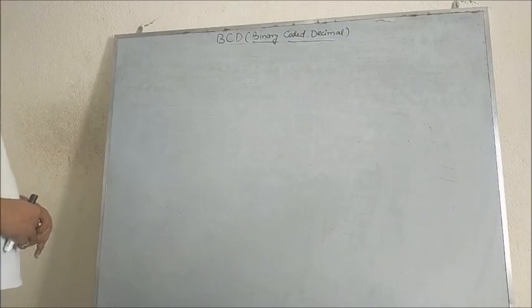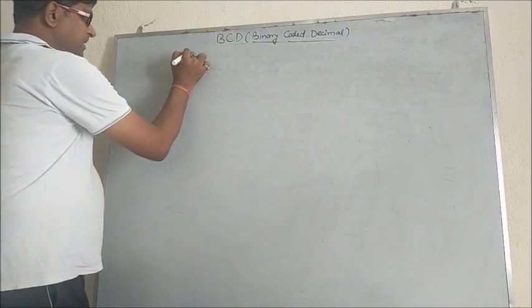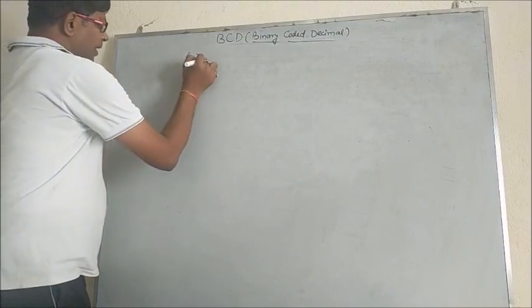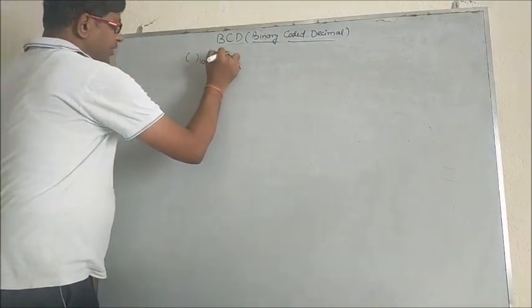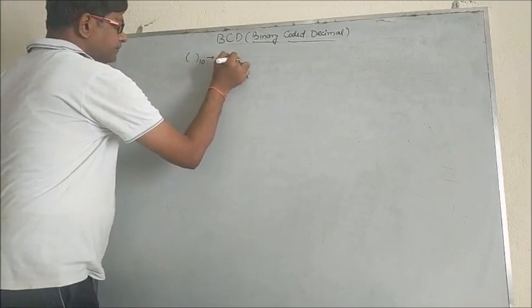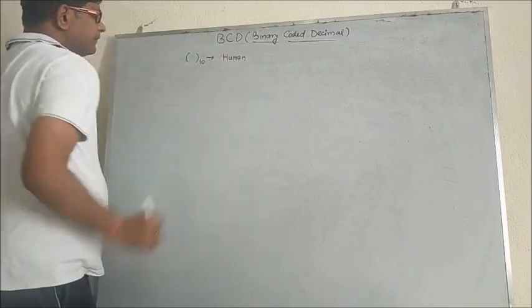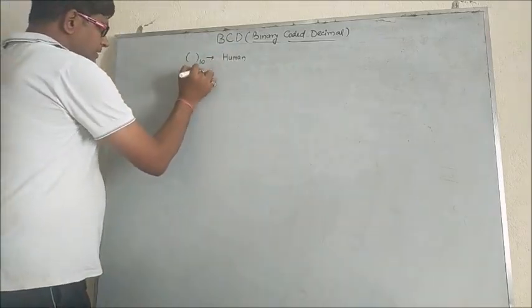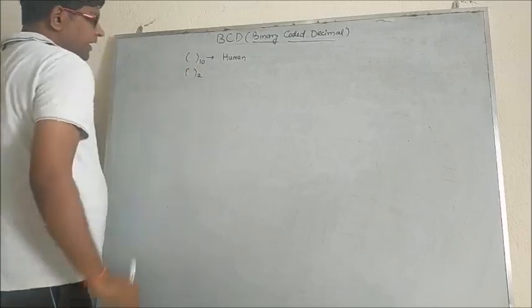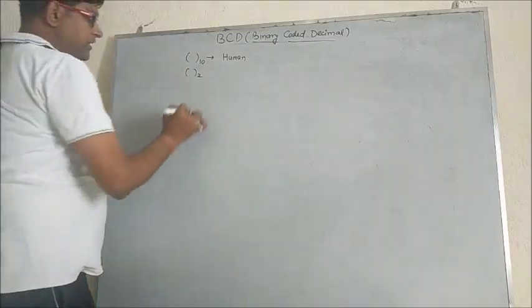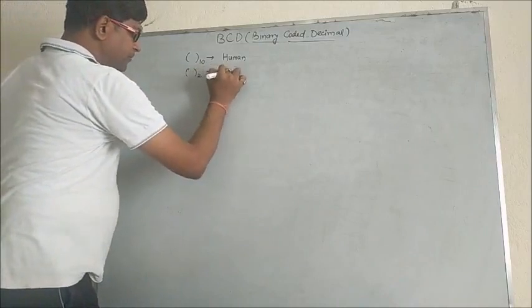As we all know, the decimal number system is represented to the base 10, which is understandable by humans, right? And to the base 2 is the binary number system, which is understandable by the computer system.